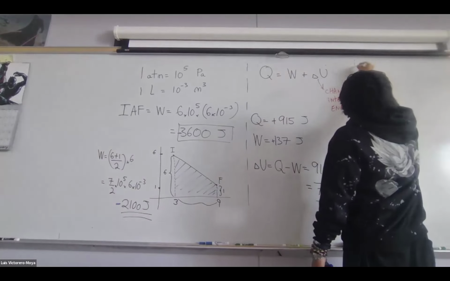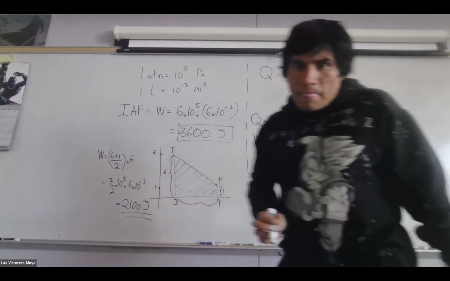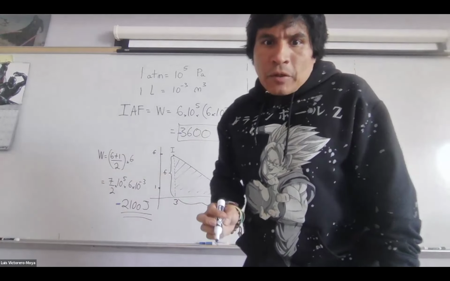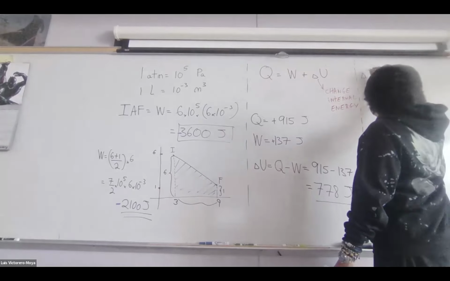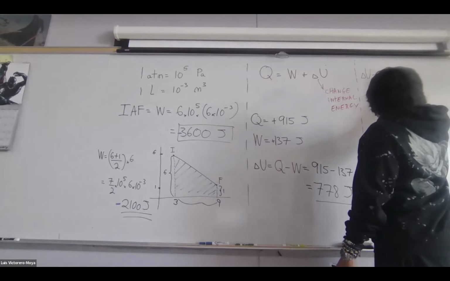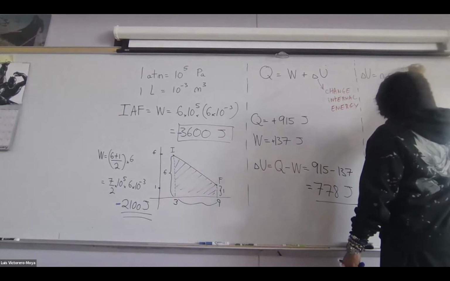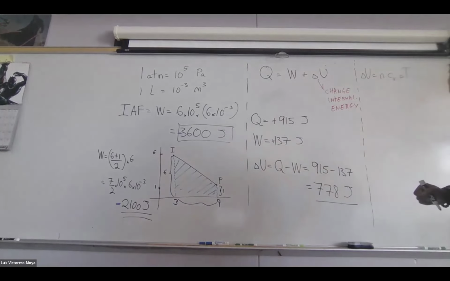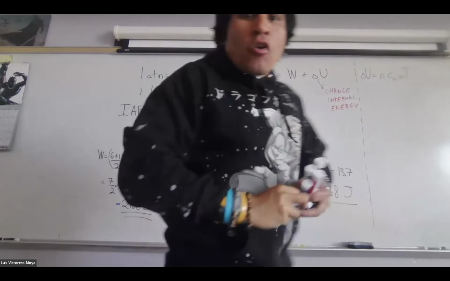You have to use CV or CP. So we're going to use the equation delta U equals n CV delta T. And in the problem, they give you 4 moles of argon.